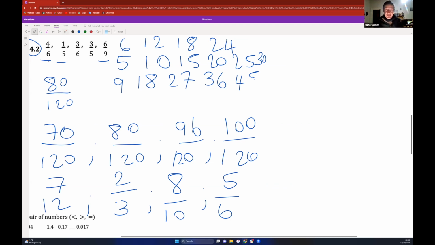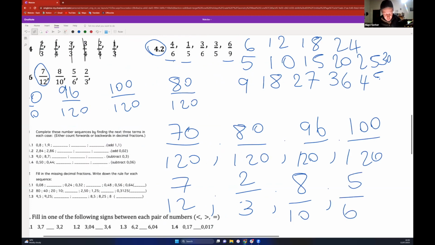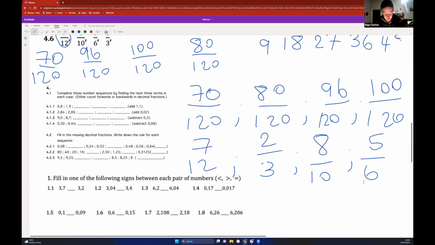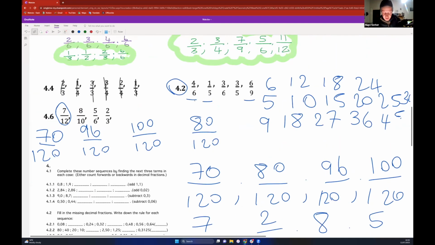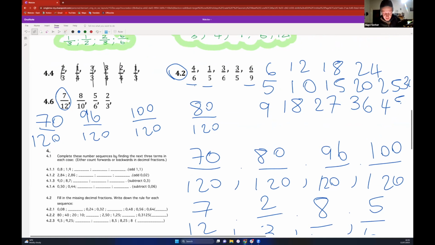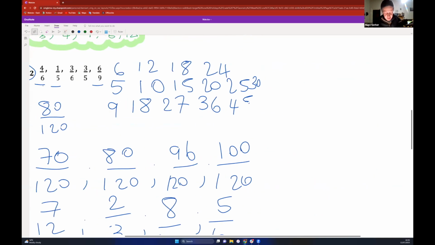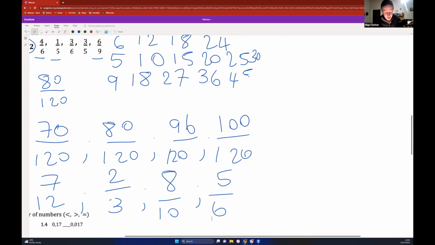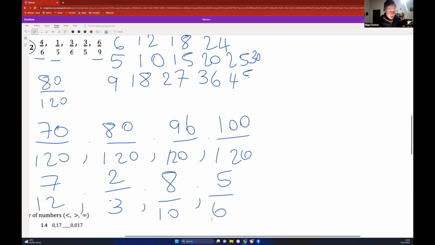I need somebody to help me with 4.2. Nobody out there. Okay, well, we did have a lot of practice for this anyway. So I do expect of you to be able to give me an answer, please. Anybody out there wanting to help me?